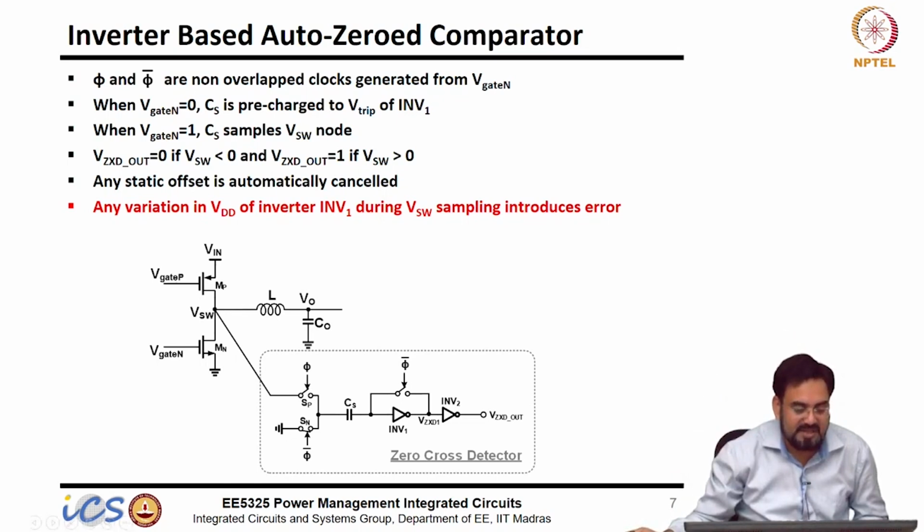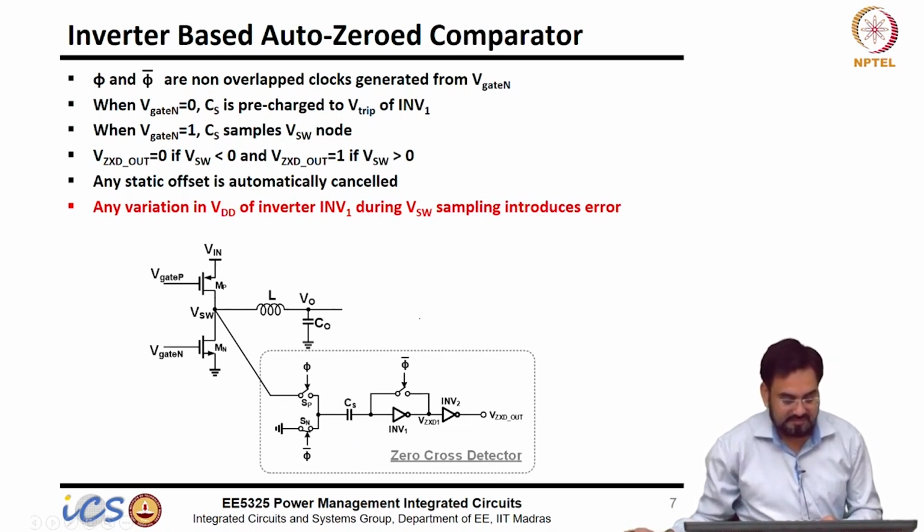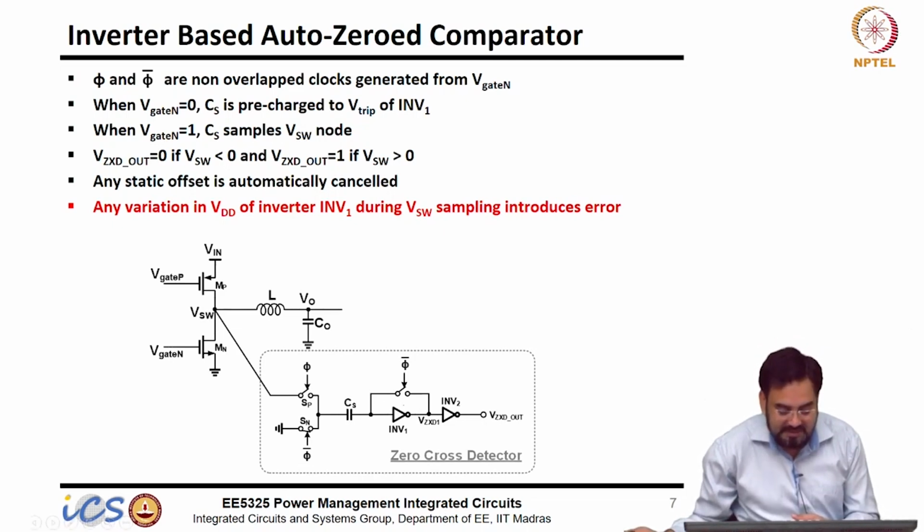When VSW is high, that time you store the trip point of this inverter across the capacitor. But there is a problem with this. Let us say I have sampled the trip point of the inverter in this capacitor, and when I am sampling, my VDD is slightly changed.